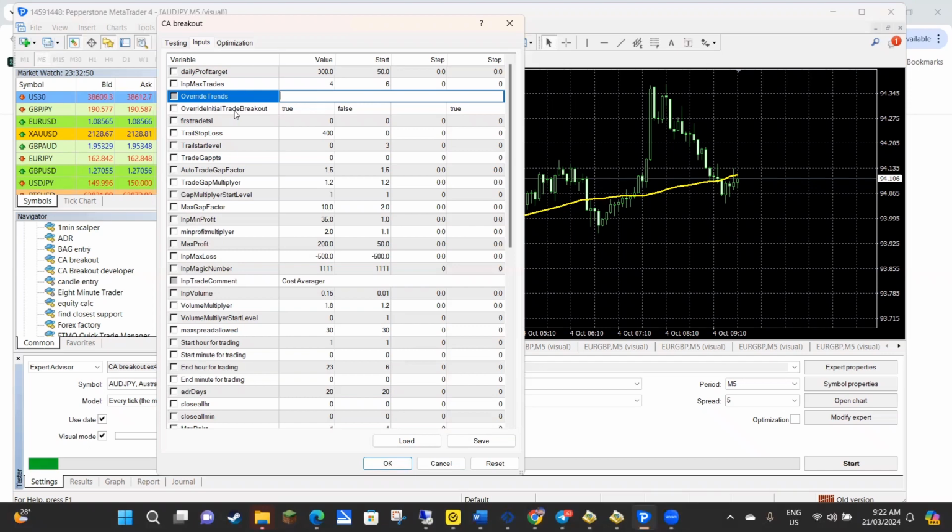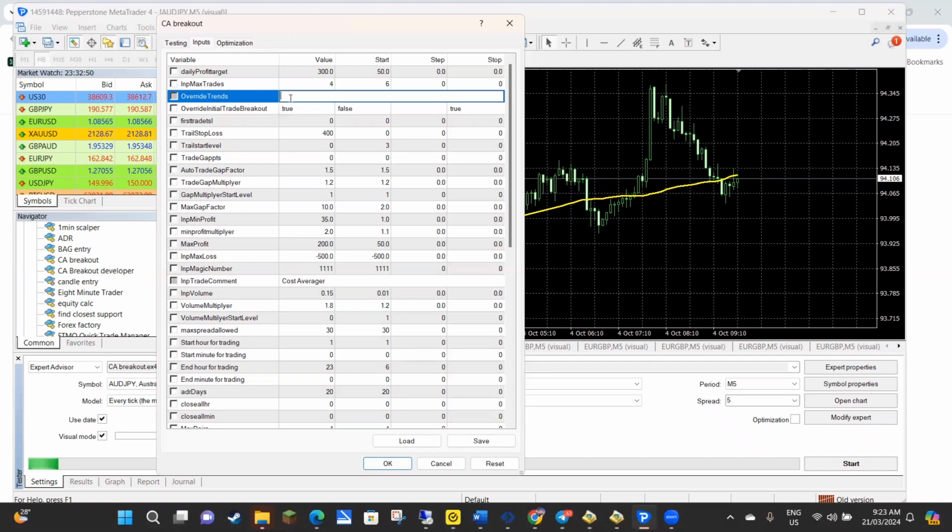This is the breakout part of CA Breakout, and by default, this is set at true. And so it's going to need not only the trends to line up, but then the market's going to need to break out of the most recent 5-minute range. And then it will open up the initial trade.